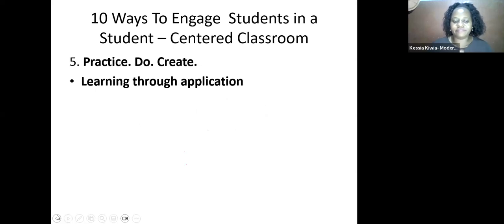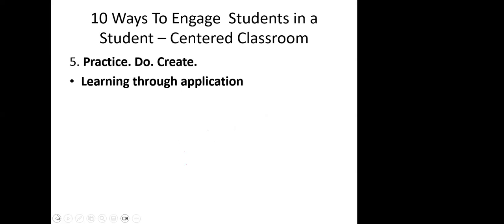Number 5. Okay, number five: practice, do, and create. This is a kind of teaching methodology based on learners. As a teacher, you should make students freely practice on the lesson.